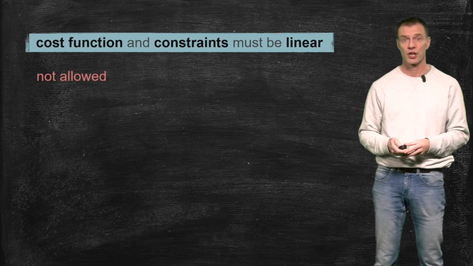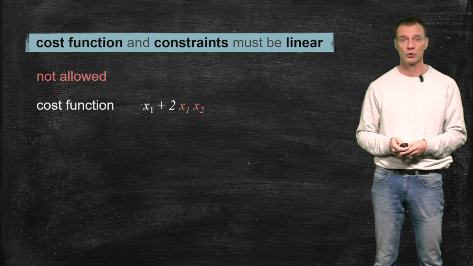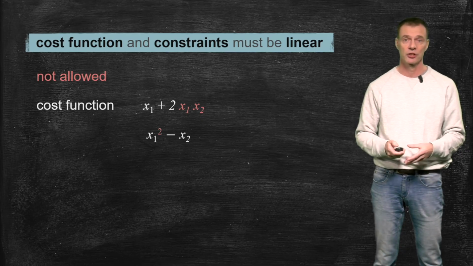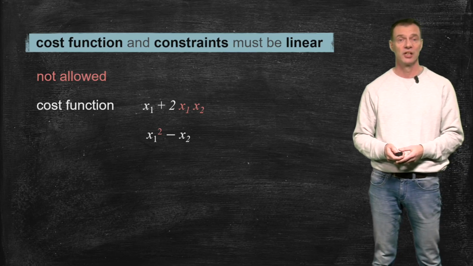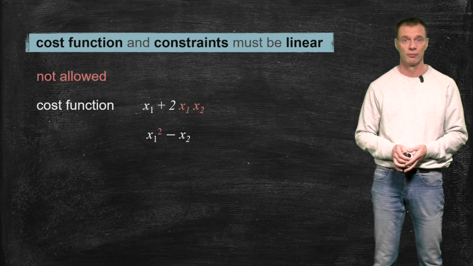So here's some examples of things that are not allowed. Here, this would not be a good cost function because, as you see, there's a term that multiplies 2 of our variables. So it's no longer linear in the variables. Here's another example where you see, again, that we have something which is not a linear term.